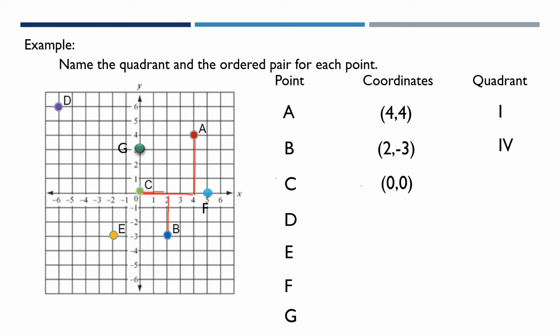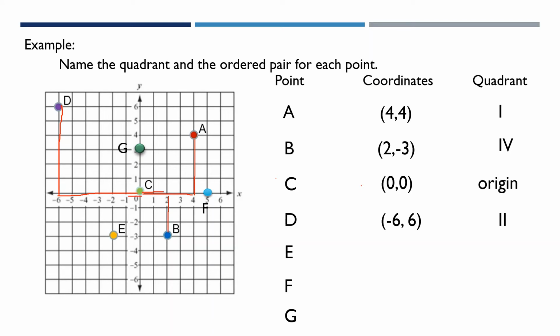And it is located on the origin. Next point is point D. So horizontally, nakatapat sa negative 6 and vertically, nakatapat sa positive 6. So the coordinates are (-6, 6). And it is located on quadrant 2. Next point is point E.